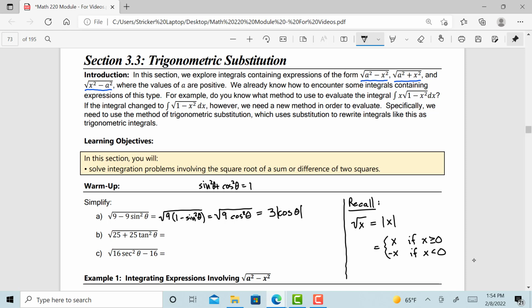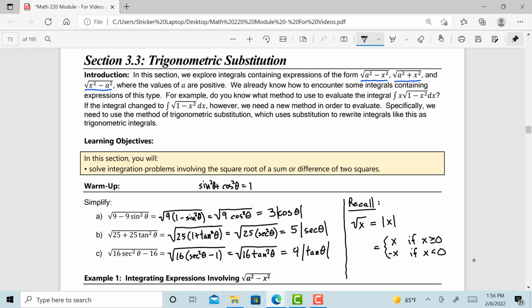So go ahead and pause the video real quick, and I'd like you to do B and C on your own. Go ahead and simplify those. All right, so welcome back.